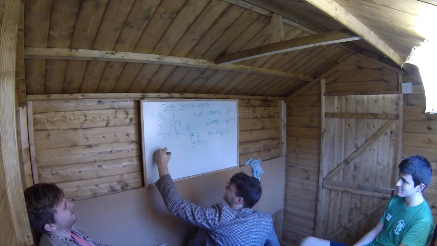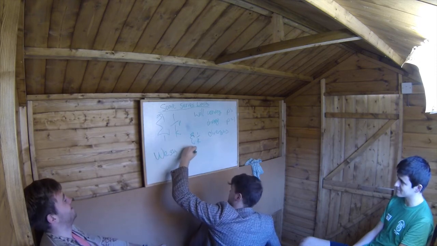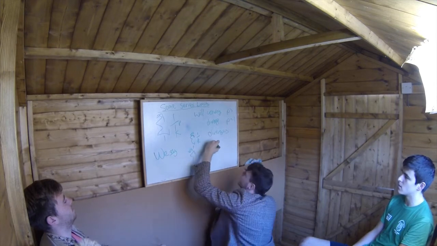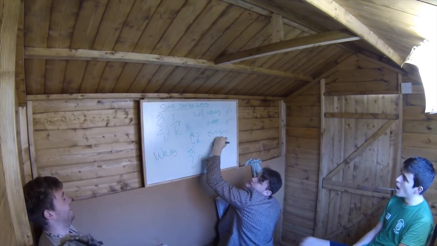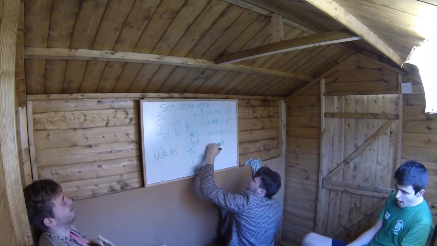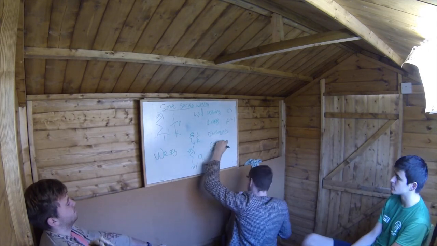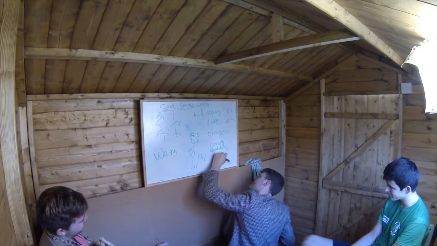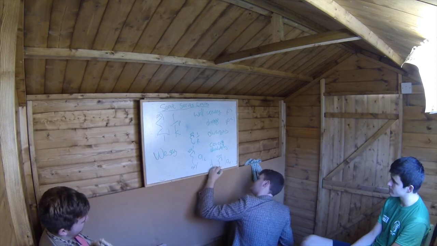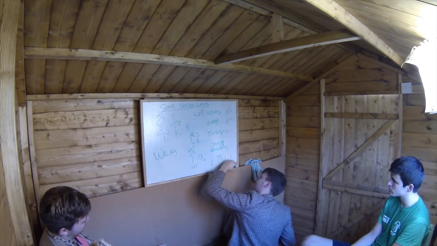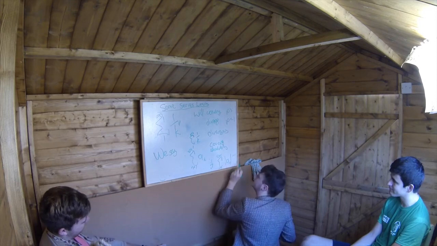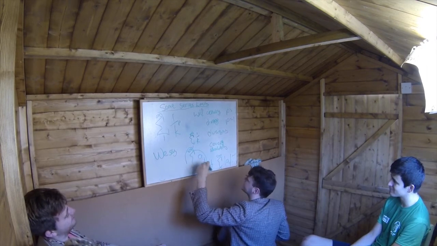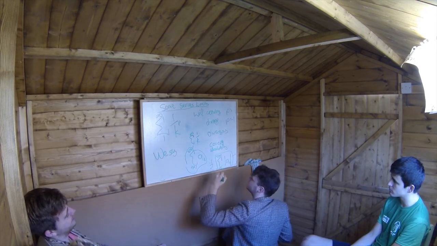We say that this converges absolutely if the sum to infinity of mod an converges. So we say that this converges absolutely if that converges.